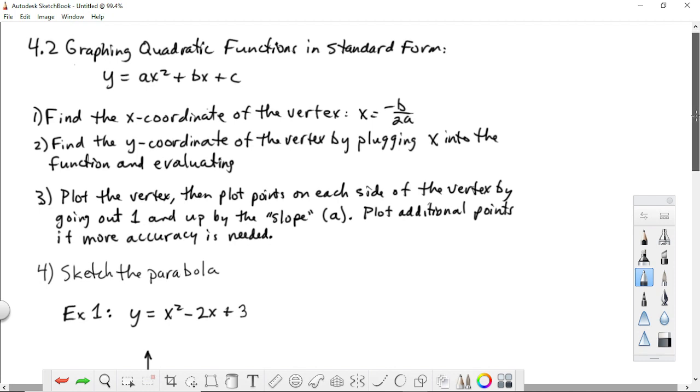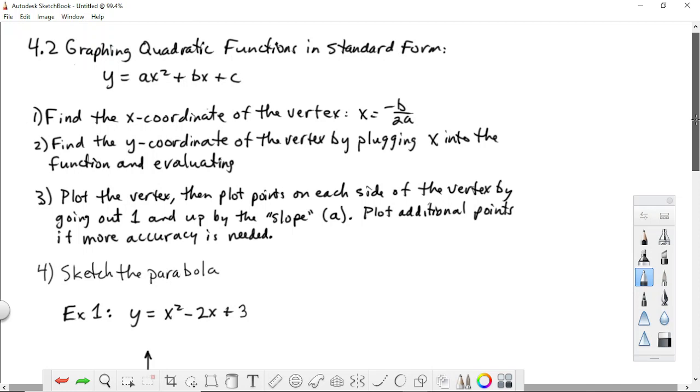Then you plot that vertex, and then plot points on each side of the vertex by going out one and up by the "slope," which is a. That's slope in quotes because it's not really a slope, but it can be used to find points in a manner something like you would use a slope.